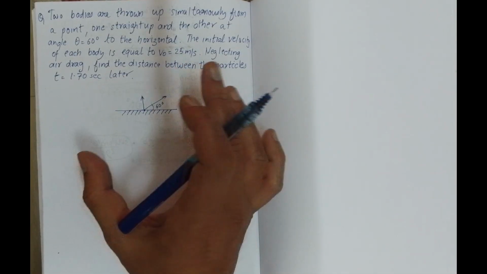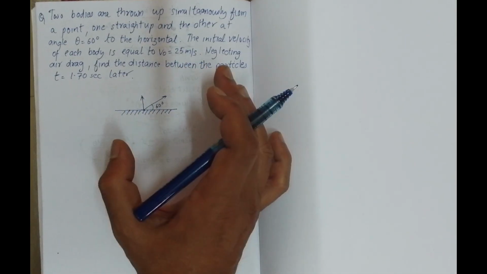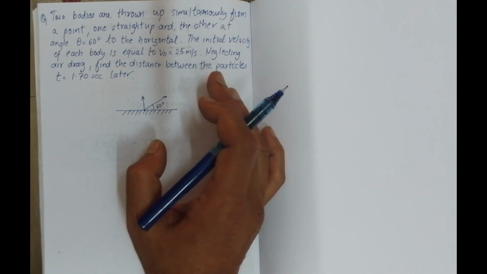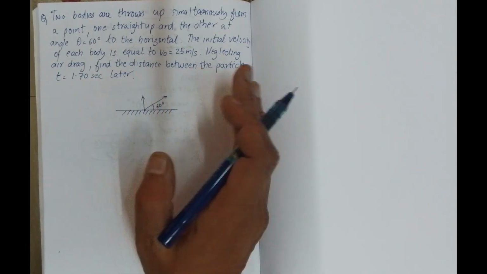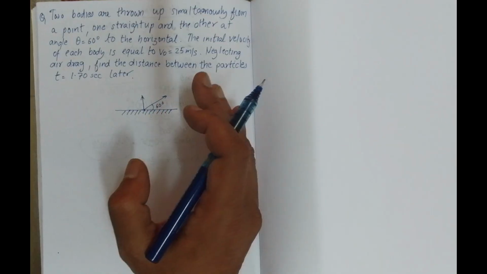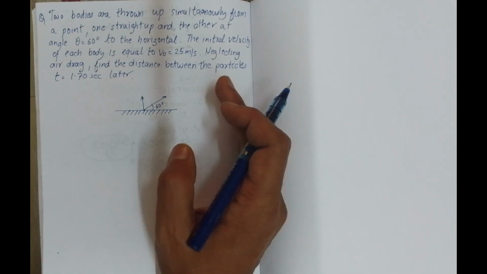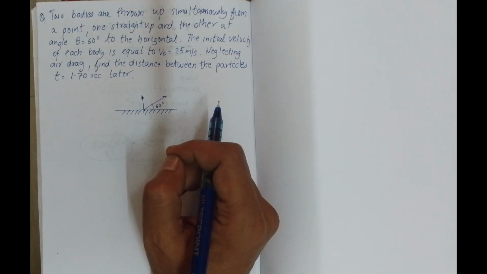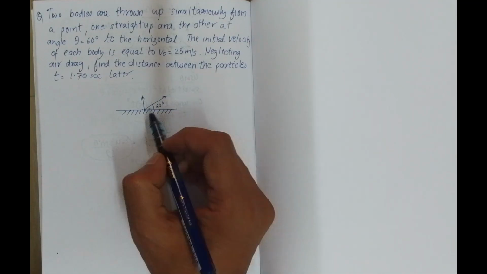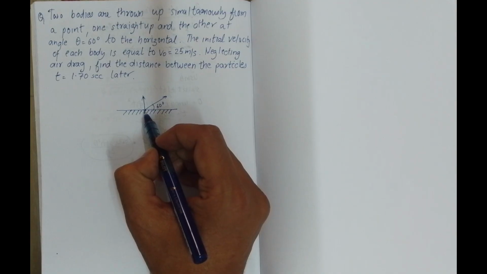So the approach is, just find out the x and y coordinates of both the particles 1.7 seconds later, and then find out the distance between the two particles based on their respective x and y coordinates. While we are doing that, we are considering this to be the origin. So this point is where x is equal to 0 and y is also equal to 0.